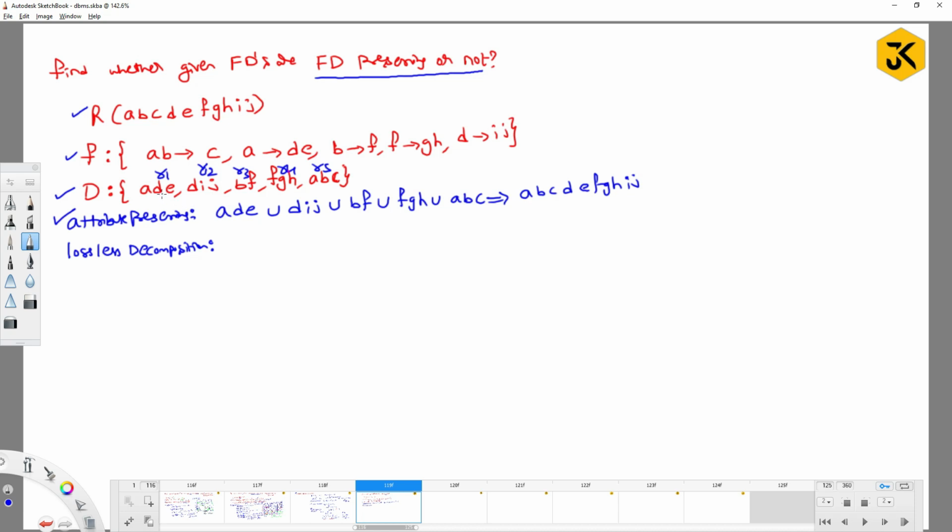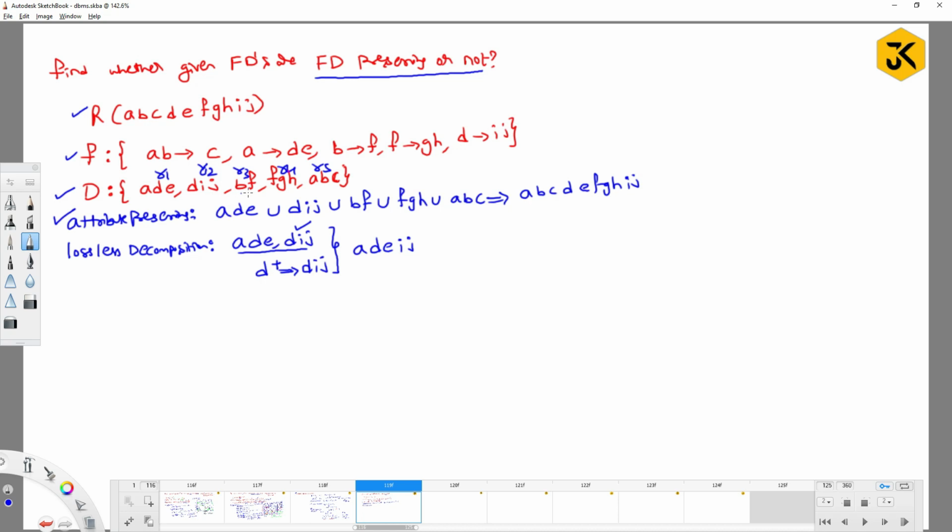For example, if I take ADE and DIJ, the common one is D. If I find the closure of D, I am going to get DIJ, which clearly defines one set of attributes of the relation. So I can combine them into a single table, so I get ADEIJ.